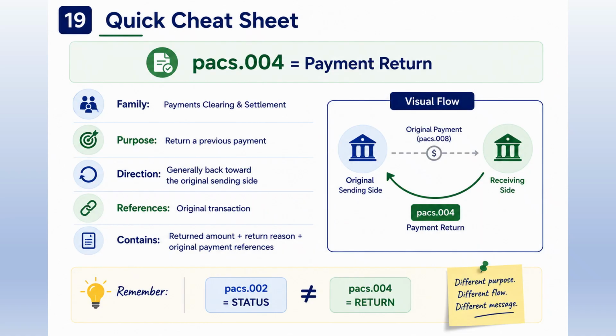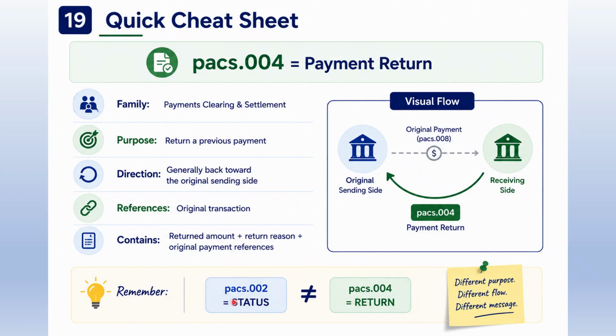Let's summarize pacs.004. pacs.004 equals payment return. It belongs to the payments clearing and settlement family. Its purpose is to return a previous payment. Its direction is generally back toward the original sending side. It carries references to the original transaction, and it contains important information, such as the returned amount, the return reason, and original payment references.